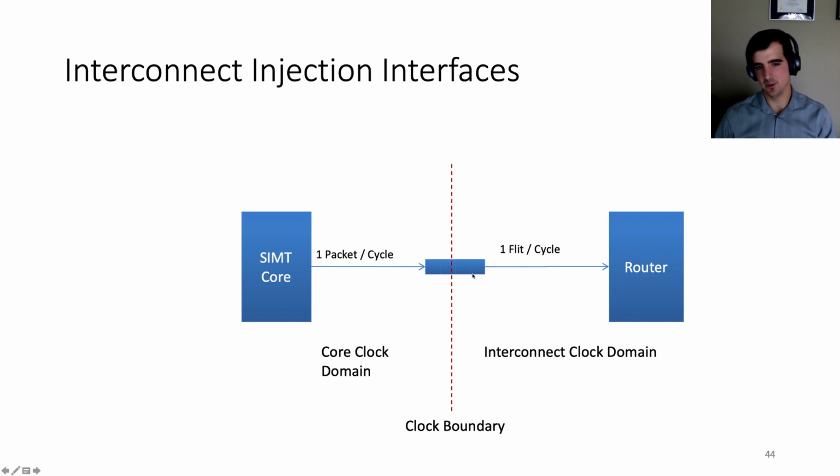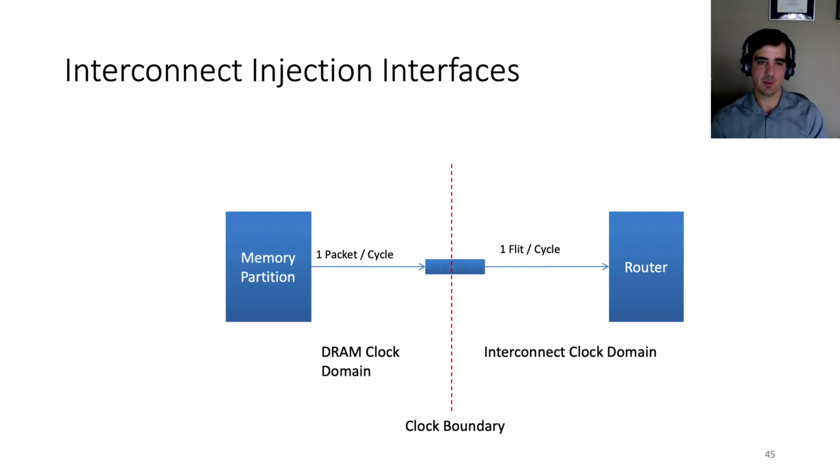So you would have to take 4 cycles to clear one packet. Okay, so there are some configuration options in terms of how big your flit size is, how big your packet is, what your clocks are, but do know that there is this buffer here that's trying to bridge the gap between different clock domains and different sizes of information.